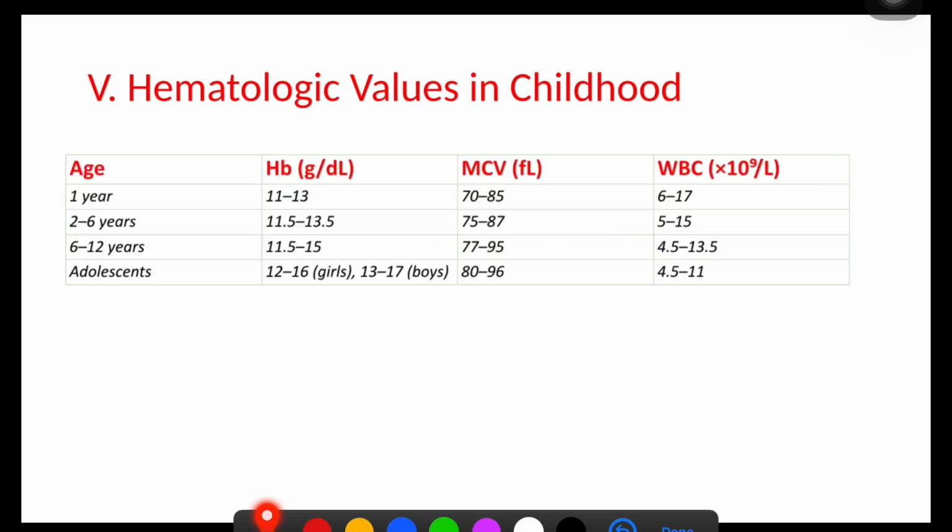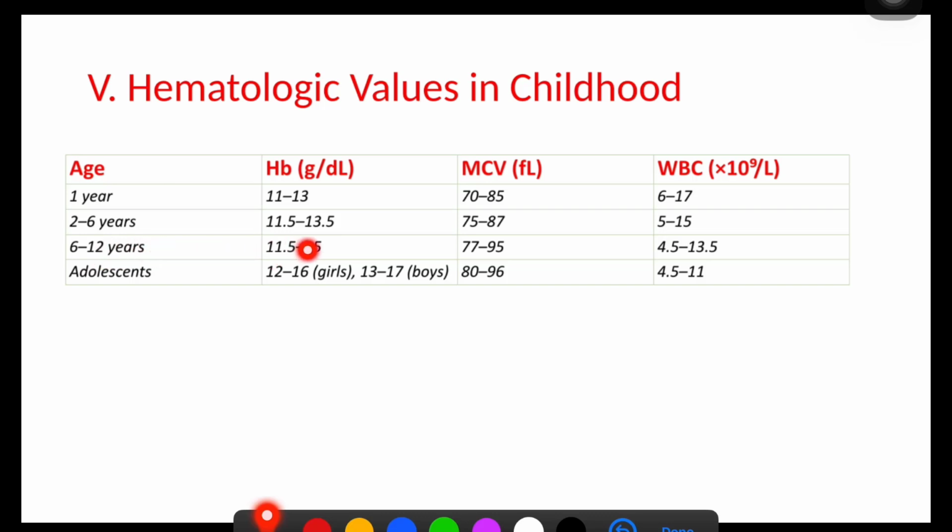Now in childhood, at the age of 1 year, HB 11 to 13, MCV 70 to 85, and WBC count 6 to 17,000. Now 2 to 6 years, HB 11.5 to 13.5, MCV around 87, WBC count 5 to 15,000.